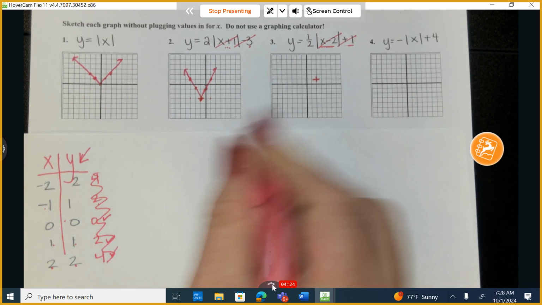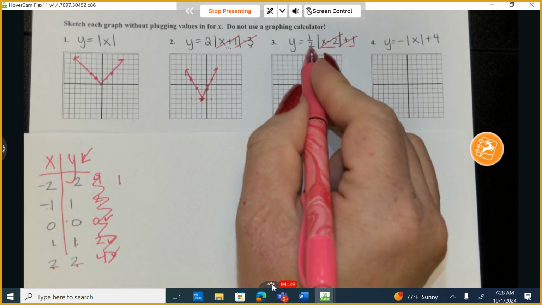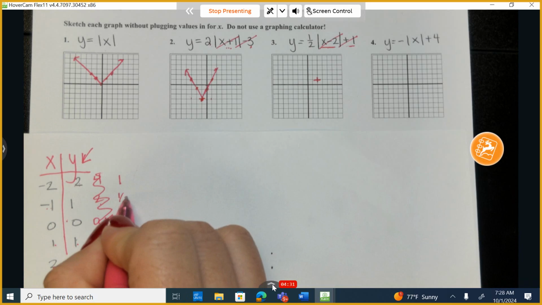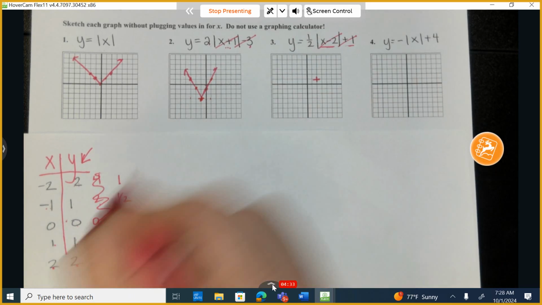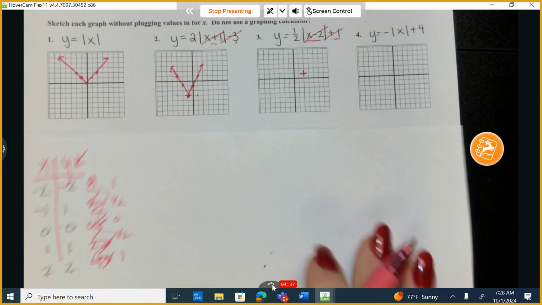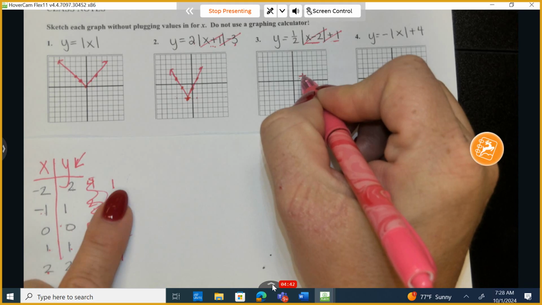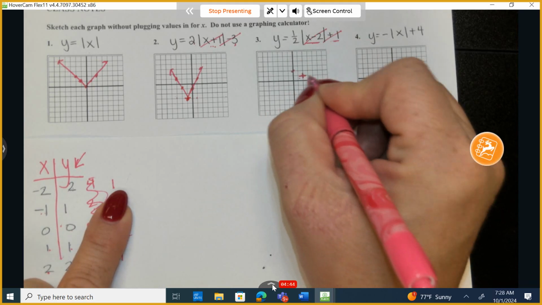Each one of these is going to be multiplied by 1/2, always the y's. 2 times 1/2 is 1. 1 times 1/2 is 1/2. 0 times 1/2, 1 times 1/2, and 2 times 1/2. From my new origin, I'm going to go to the left 2 and up 1.